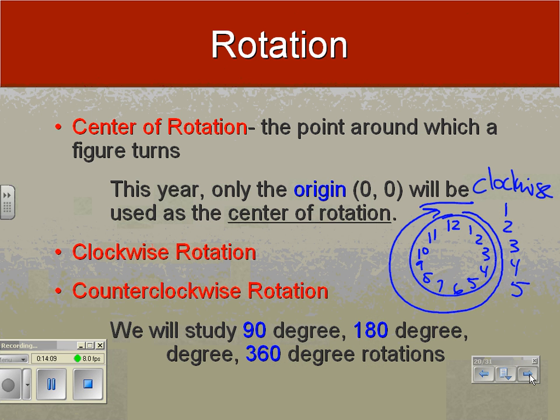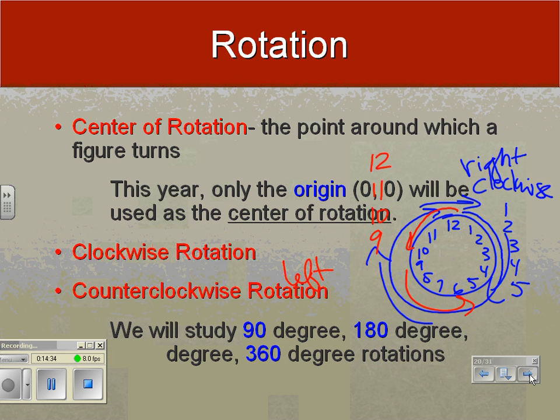So you'll see that we are really going to the right. So clockwise is when you're rotating to the right. And then counterclockwise, if you're going backwards, 12, 11, 10, you're going against the clock. Counterclockwise, you're going the opposite direction. So you're actually going to the left. So to the left is counterclockwise, to the right is clockwise.